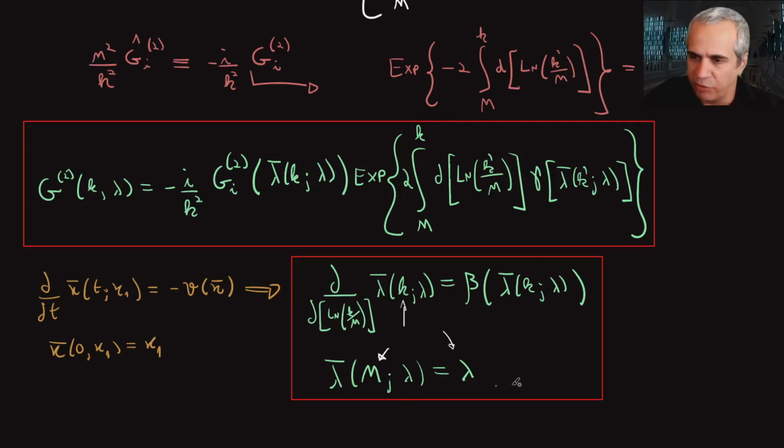Now we can solve for lambda, but we also need to find out this function right here, right? We need these initial conditions. By the way, even before you figure out who GI is and the explicit expression for lambda bar, you can already show that this solution is a solution to the Callan-Symanzik equation.